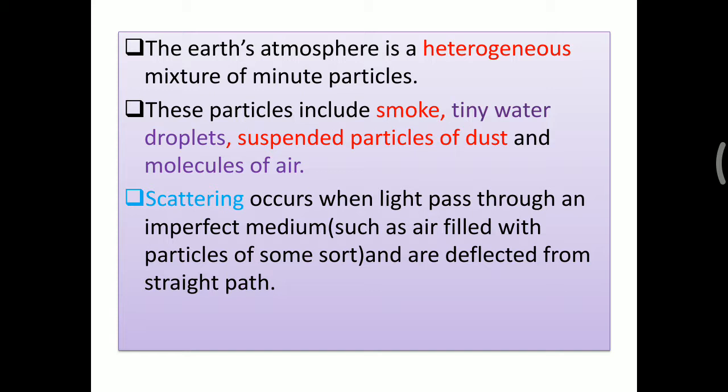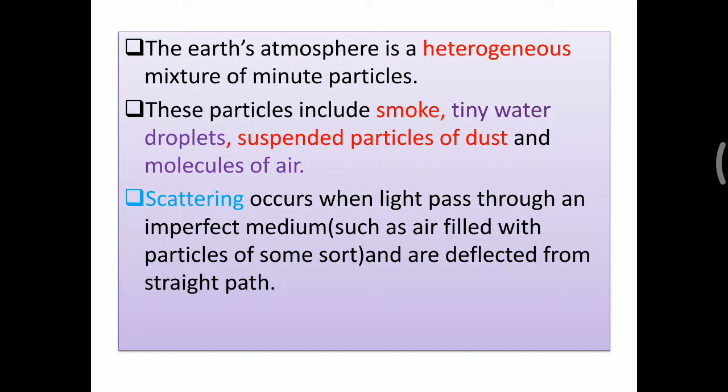Scattering occurs when light passes through an imperfect medium, such as air filled with particles of some sort, and is deflected from its straight path. Do you understand this paragraph? Listen. When the light passes through the imperfect medium, why do we say that air is an imperfect medium?